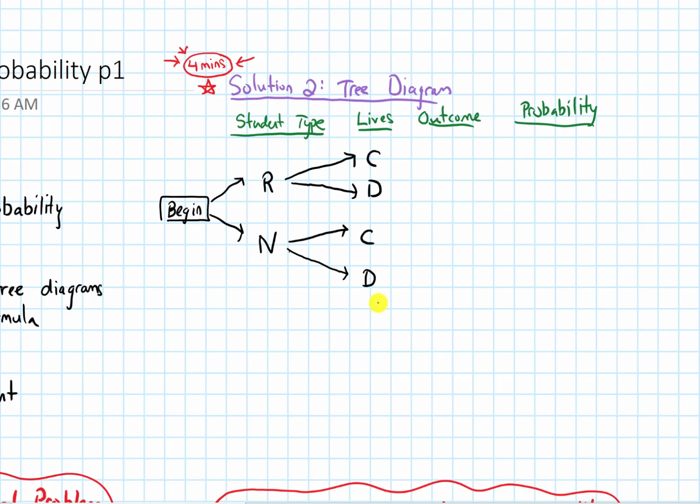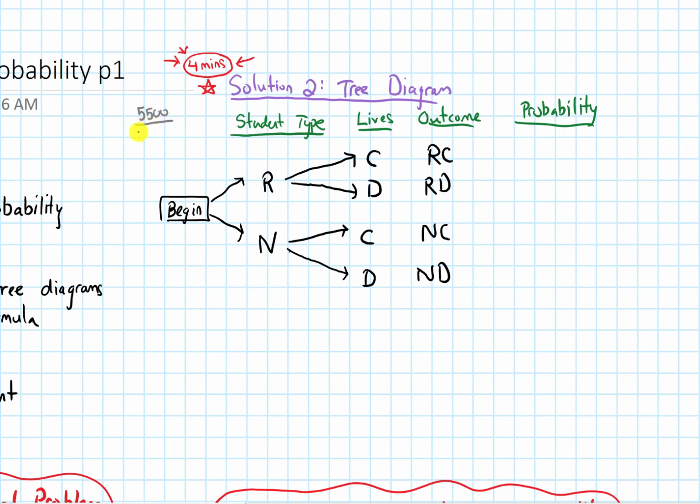So this is RC, and we have RD, NC, and ND. So now we're ready to label some probability. How many students did we have who were returners? Well, the question said that there were 5,500 returning students.